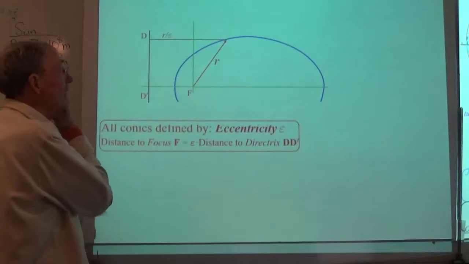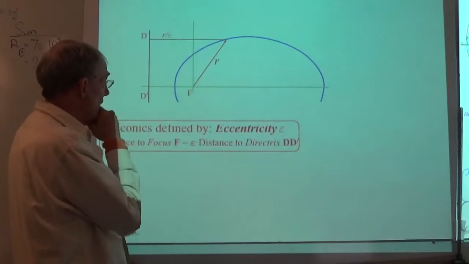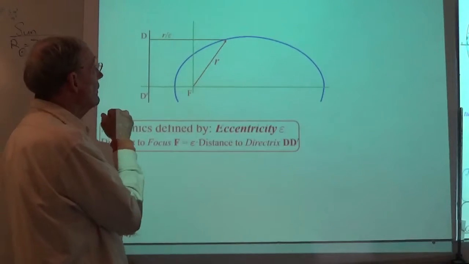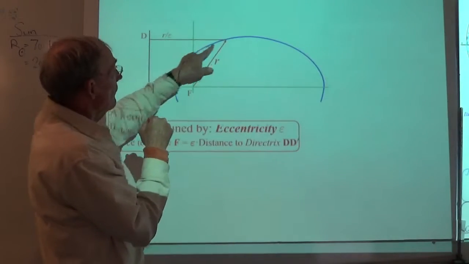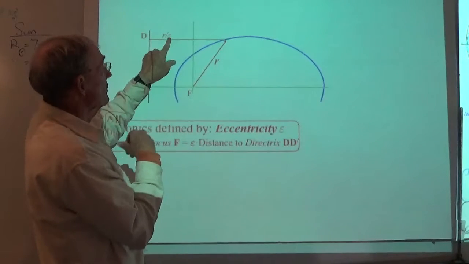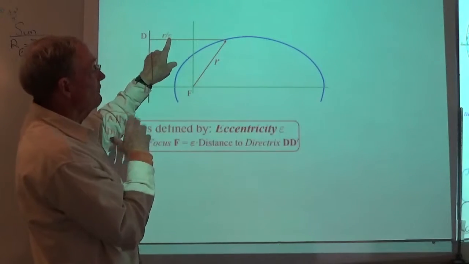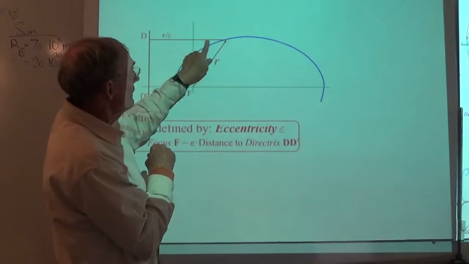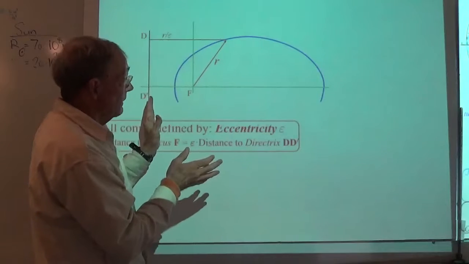This is all high school algebra. But the basic idea is if you're given this eccentricity, then this radius has to be matched with a length here that's r over that eccentricity. Now the eccentricity for an ellipse is less than 1. So this is always greater than this for an ellipse.